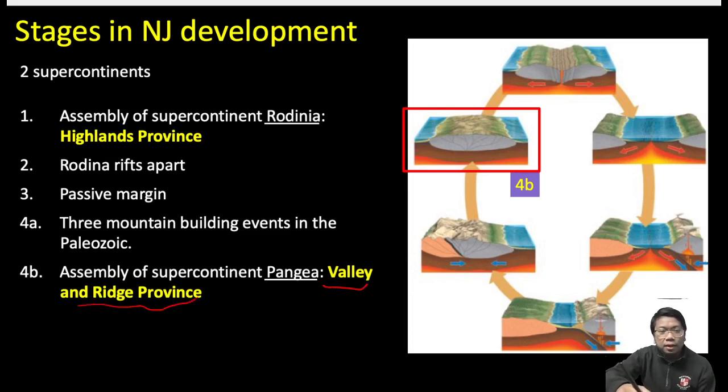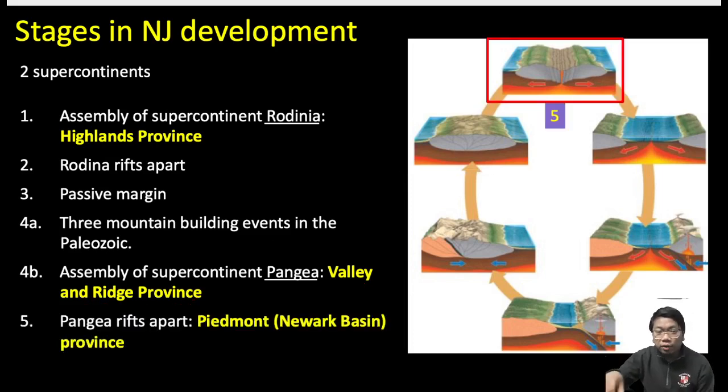And then the next one, we have the rifting of Pangaea. So again, this makes a complete Wilson cycle, right? We have the assembly of Rodinia, and then it rifted apart, created a passive margin, and after that the supercontinent Pangaea got assembled again.